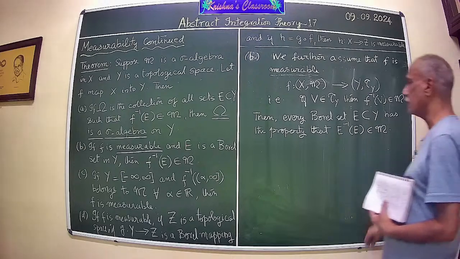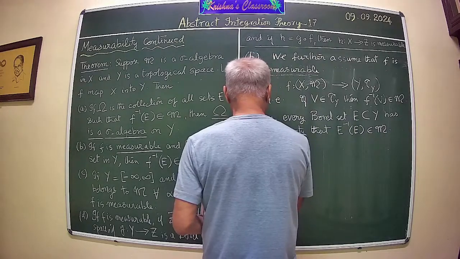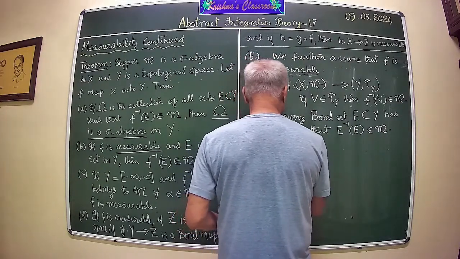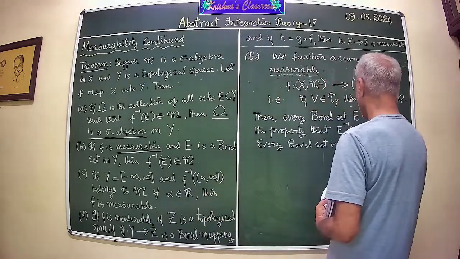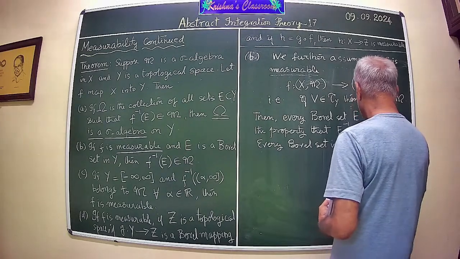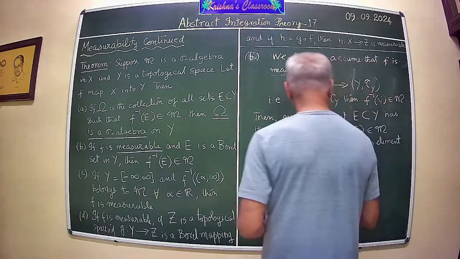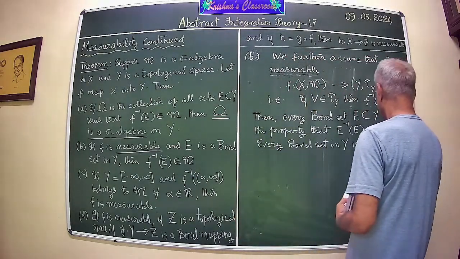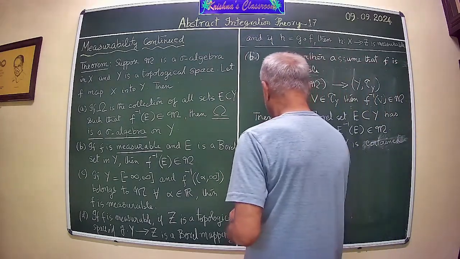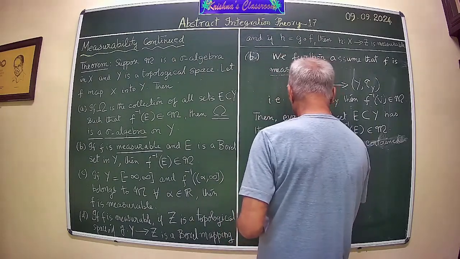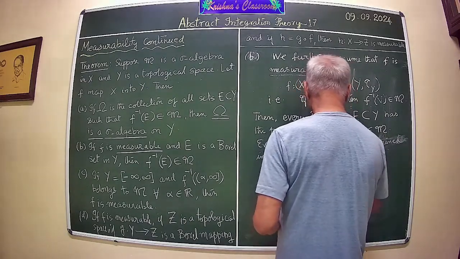It means every Borel set E is contained in omega. That is, the Borel sets of Y are contained in omega. This is the conclusion.